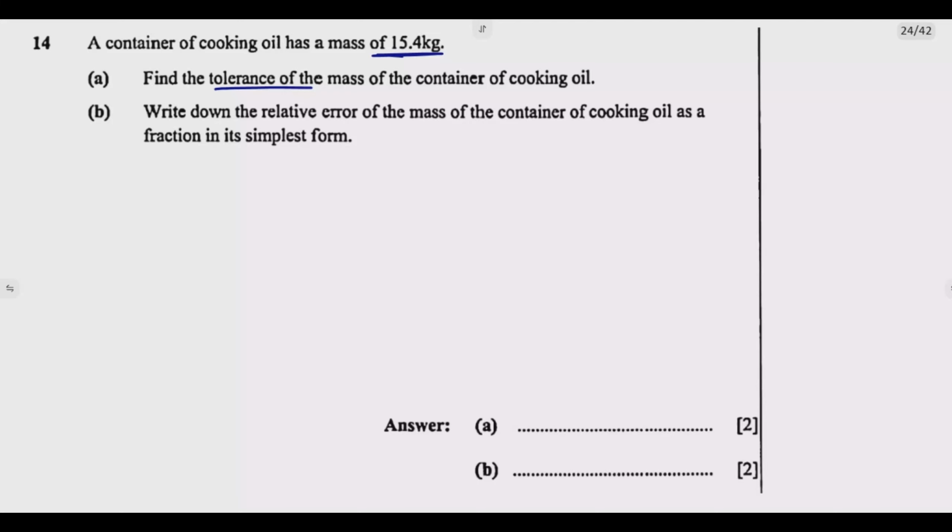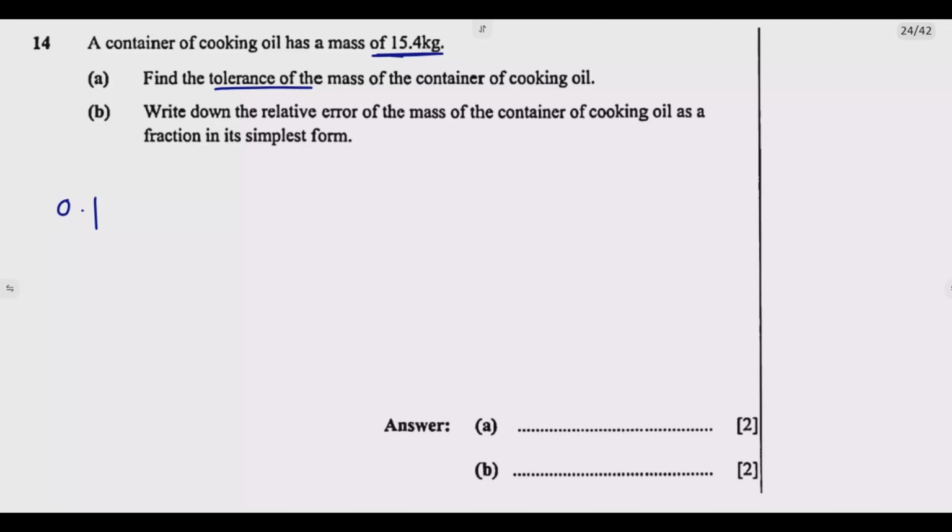Now, for this 1 decimal place, we need to look at the precision. The tolerance or the absolute error is half of the precision level of this measurement. Because we are given 1 decimal place, we have 0.1, which is the lowest unit that this can change, because it's going to move from 15.4 to 15.5, then 15.5 to 15.6.